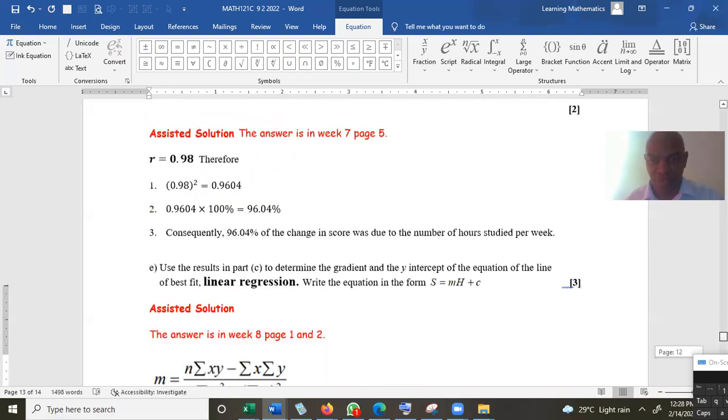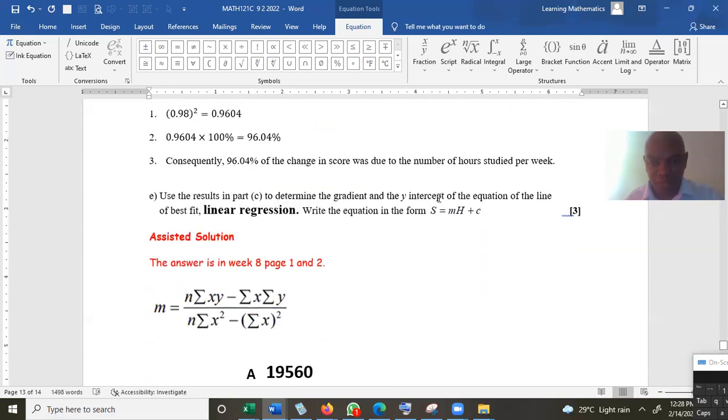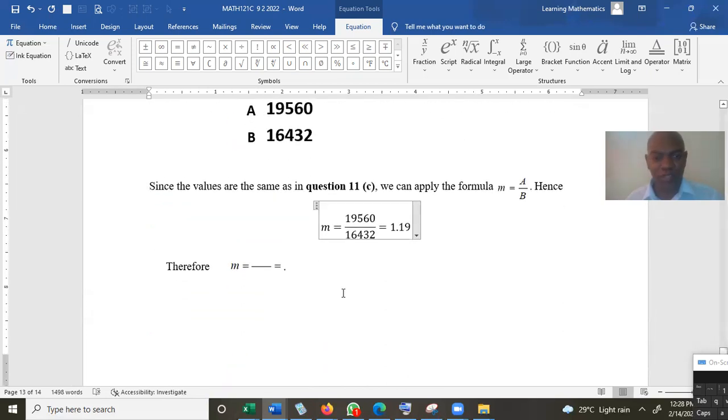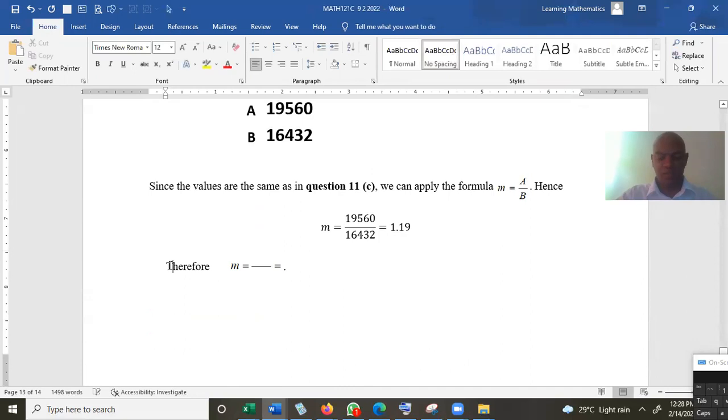Bear in mind, in a linear equation, m is the gradient and c is the y-intercept. H and S are the variables, like x and y. We have just found the gradient to be 1.19. Now we're going to find the y-intercept.